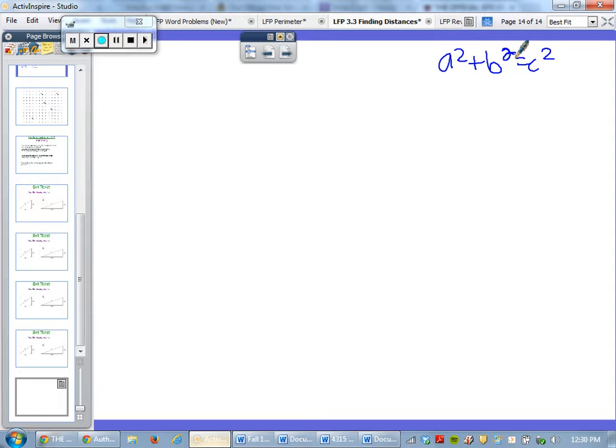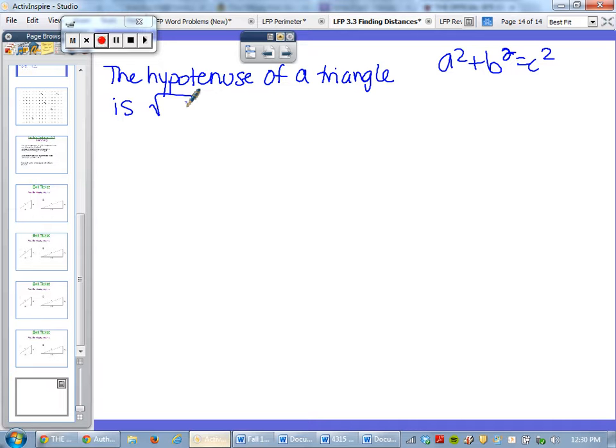So one of these problems that you will see often is that you will be told the hypotenuse of a triangle is the square root of 61.